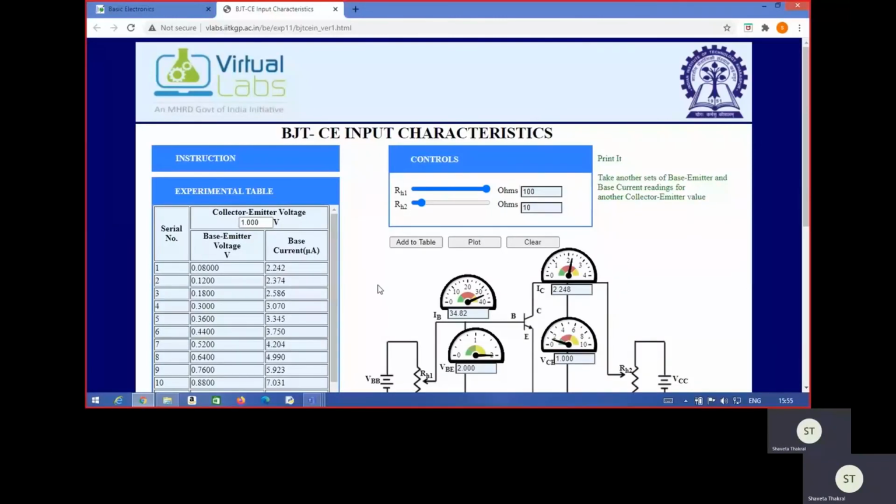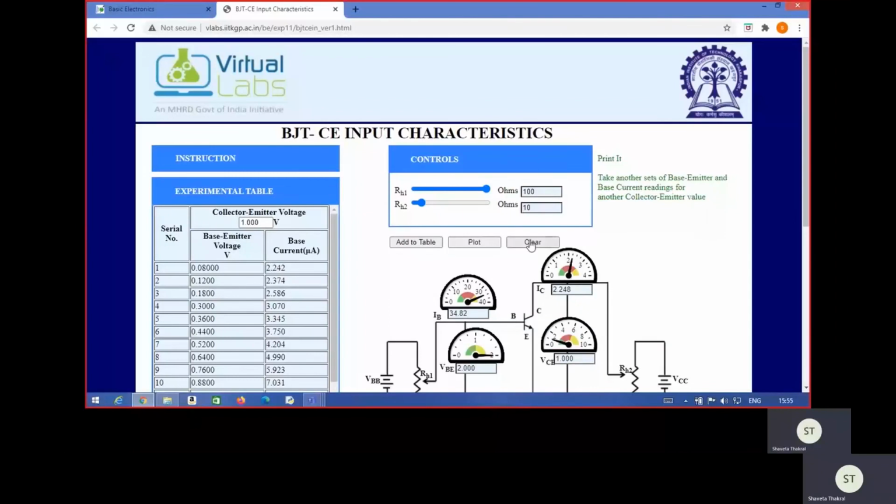That will provide us another curve. In this way we can draw a family of 3 curves so that we can observe how the graph varies with respect to the change in the constant value of VCE.